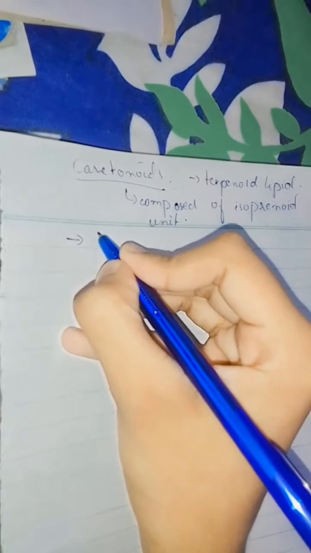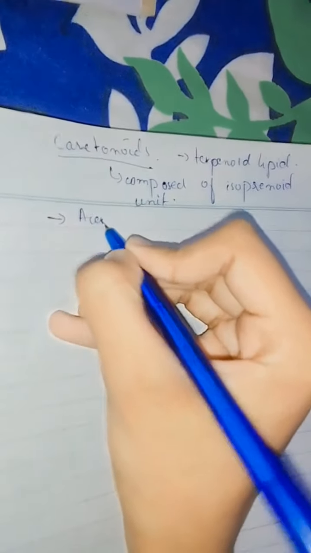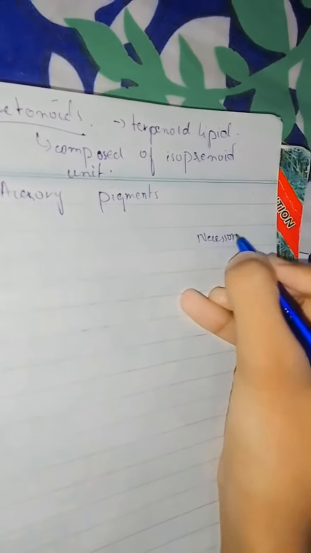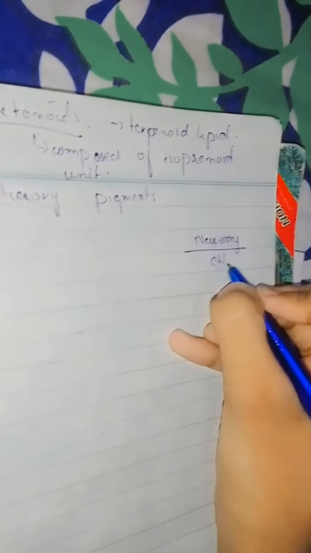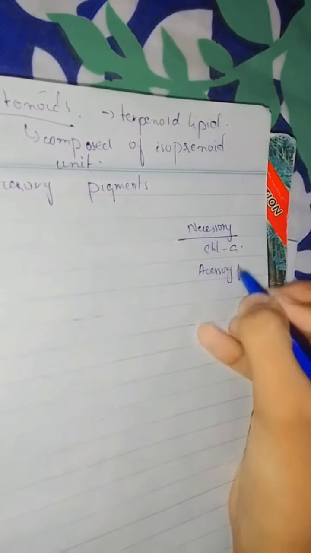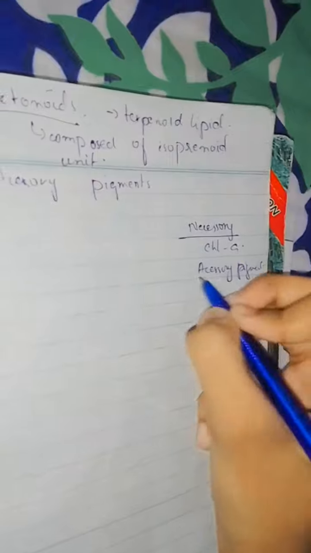Basically they act as accessory pigments. Now what are accessory pigments? There are two kinds of pigments, necessary pigments as well as accessory pigments. Necessary pigments are like chlorophyll A. Accessory pigments are those that are the helping pigments.